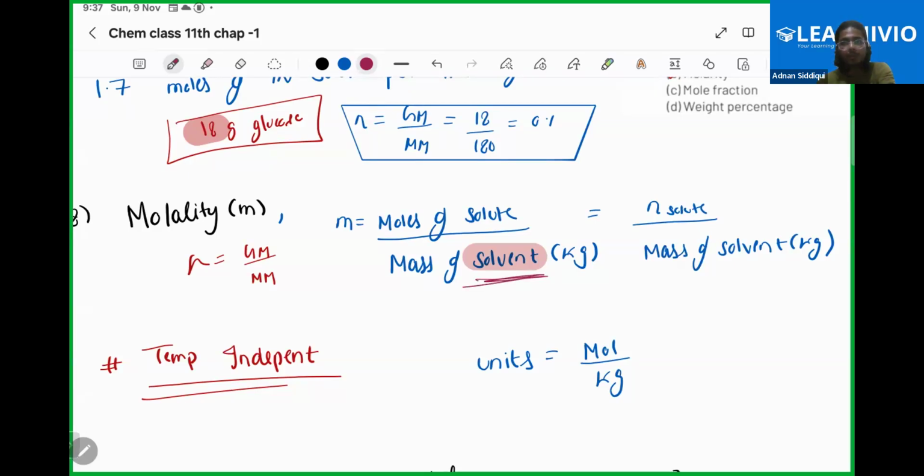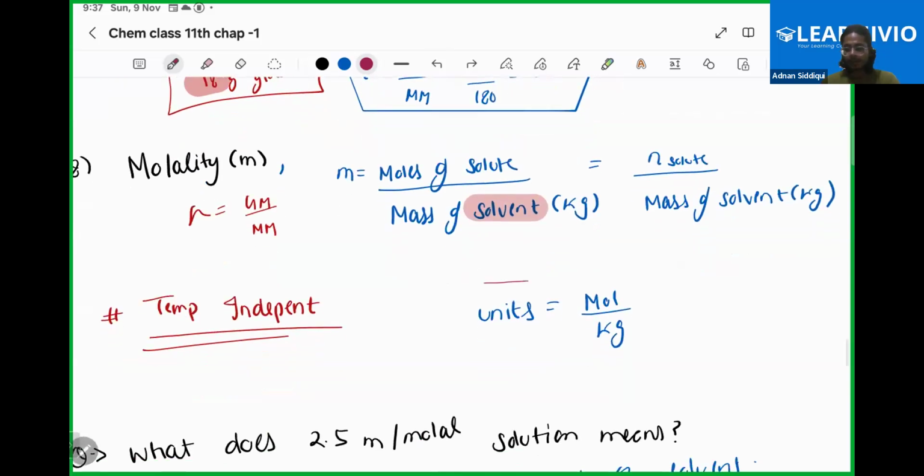In molarity, you use solution. As we know, mass is not dependent on temperature, so molality is temperature independent, but molarity is temperature dependent because in molarity we deal with volume.